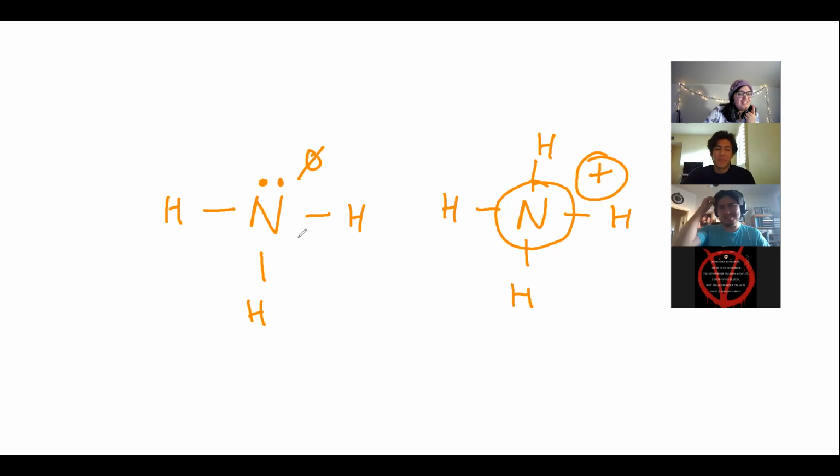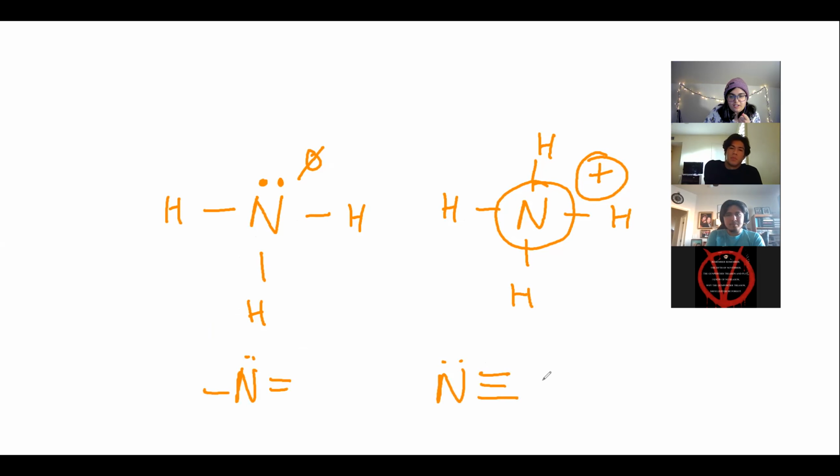But you should also know that nitrogen likes to make 3 bonds total, right? But it doesn't have to be 3 different things. It could be nitrogen double bonded to something and single bonded to something, or nitrogen triple bonded to something with its lone pair, right? Does anybody know of a really fun triple bonded nitrogen compound?